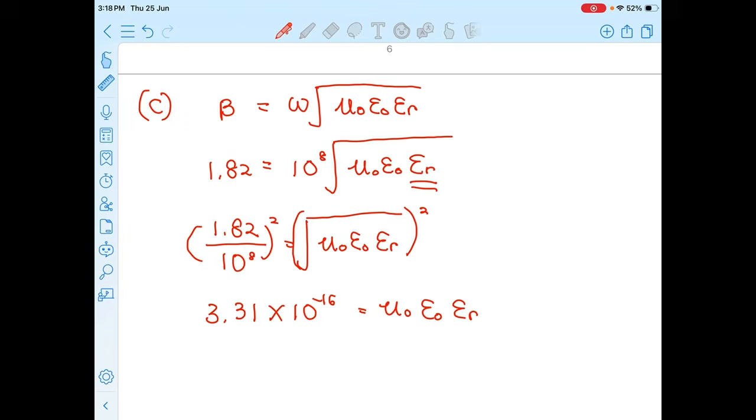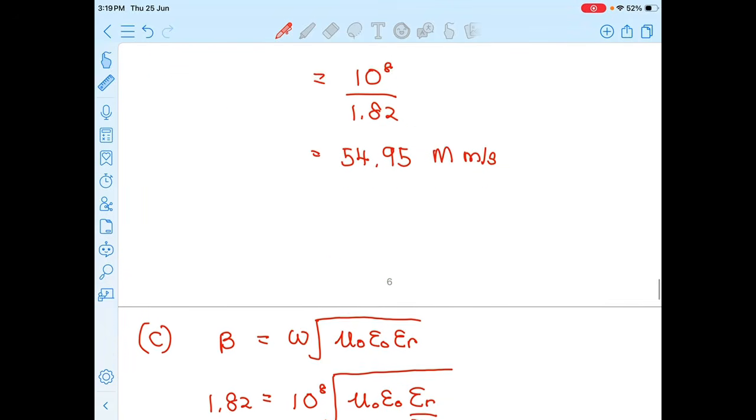So I will divide it by mu naught and epsilon naught, and your epsilon r will be equal to 29.77. So this is how you find epsilon r.